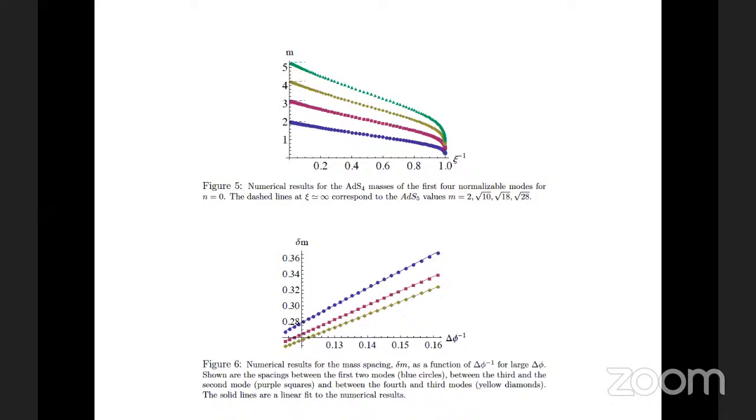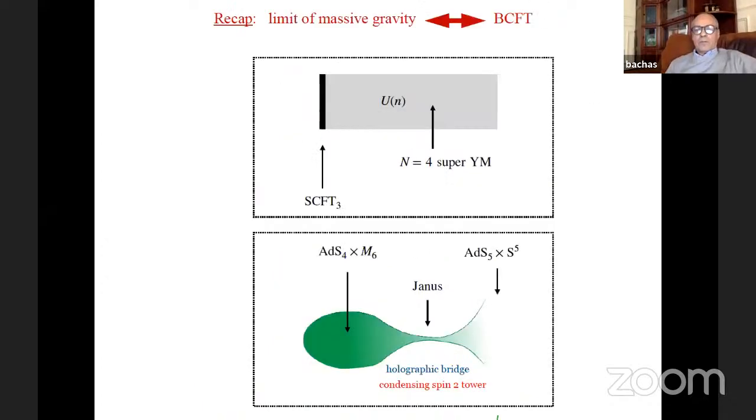Sure. Thank you. So in a sense, the picture, to recap, is the following. Massive gravity is a very big 3-dimensional CFT. It interacts, even taking now the limit, as I told you, of decoupling one of the 2 end-of-the-world branes, but morally it interacts with N=4 super Yang-Mills.